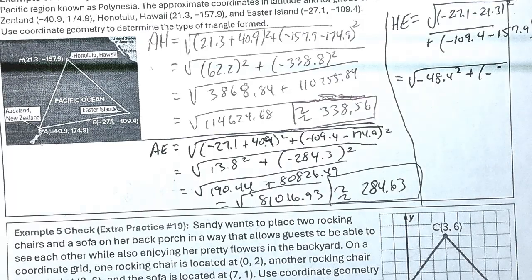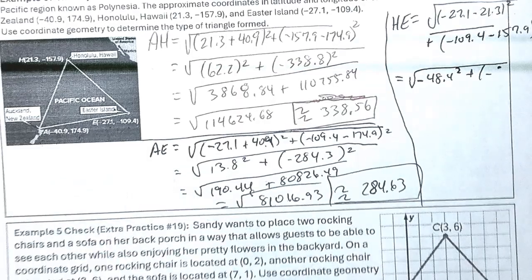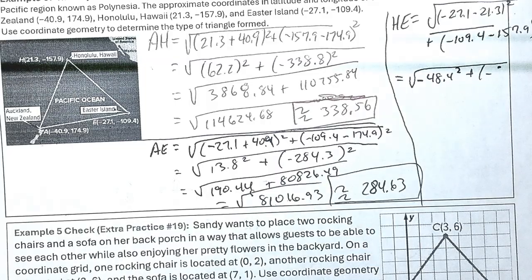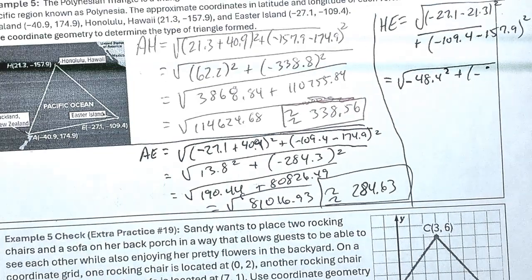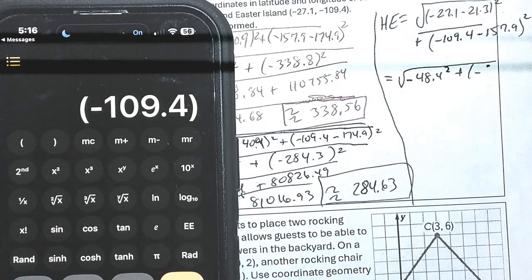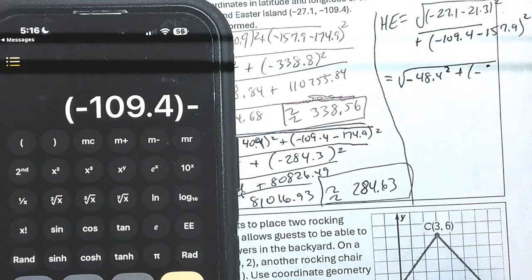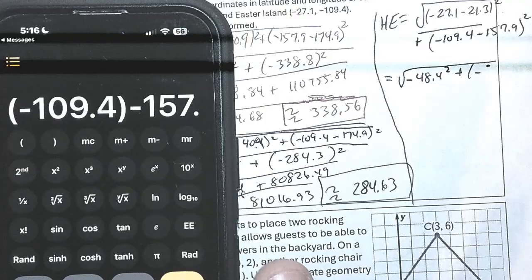So 109.4 negative. Let me just do, all right, let's just put this over here. So minus 157.9.